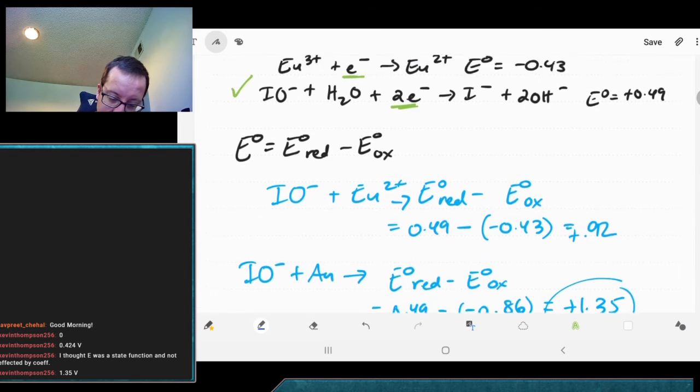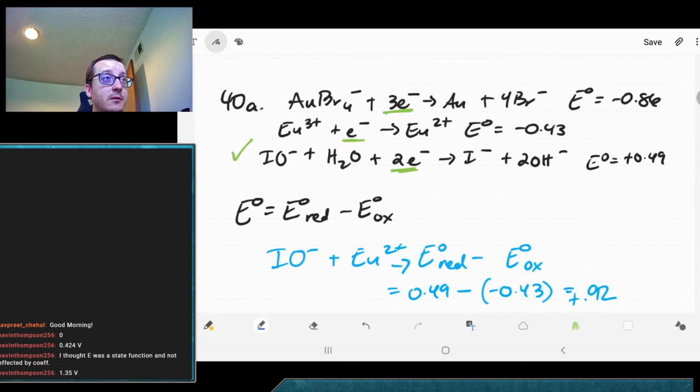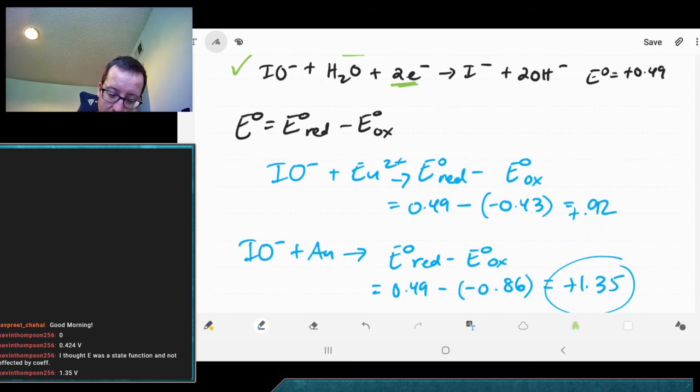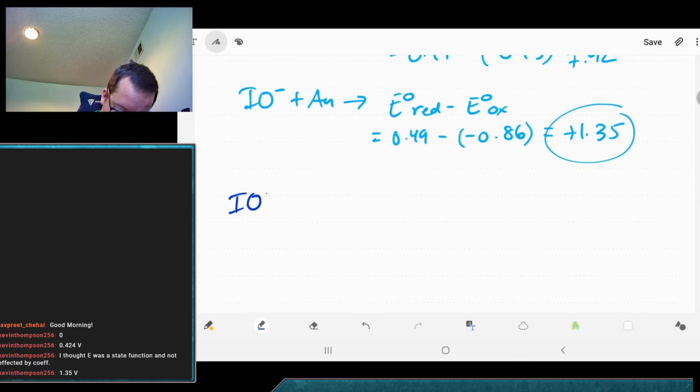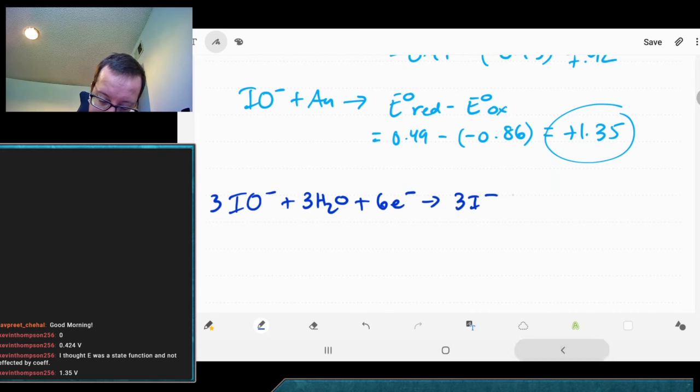All right, so if we're going to do that, we're going to reverse that first reaction, and we're going to keep the other one the same, but we are going to now multiply them by 2 and 3 respectively. So if we take our bottom one, our iodite, and multiply it by 3, let me just copy it again, plus 6 electrons, turns into 3 iodides plus 6 hydroxides.